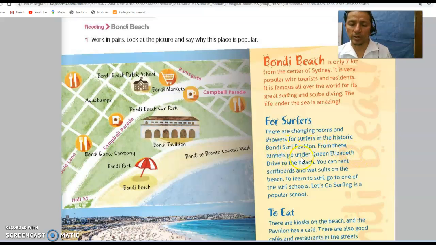From there, tunnels go under the Queen Elizabeth Drive to the beach. You can rent some soft boards and wet suits on the beach to learn to surf. Go to one of the surfer schools. Let's Go Surfing is a popular school.